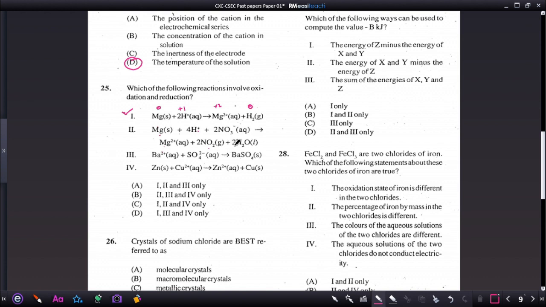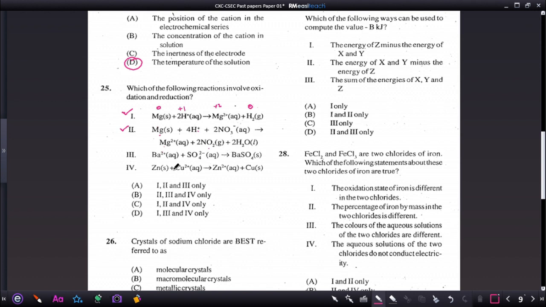Another way you could look at it: here we have NO3, down here we have NO2. Remember that reduction is the loss of oxygen. So NO3, the nitrate ion, lost oxygen to form nitrogen dioxide, so 2 is also included.